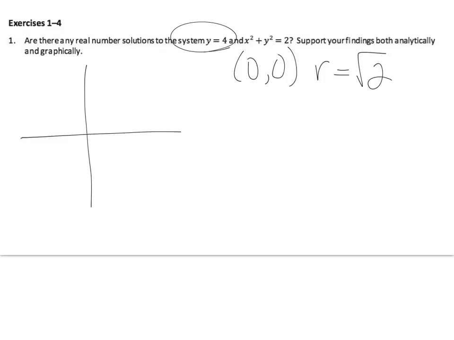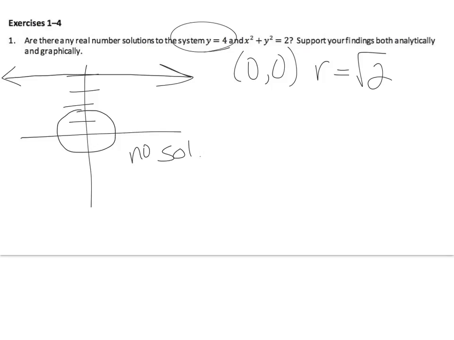And this would be a line at y equals 4. 1, 2, 3, 4. That was awful. Let's see if I can do better. Not bad. y equals 4, and a circle with a radius of the square root of 2. So are there any real number solutions?